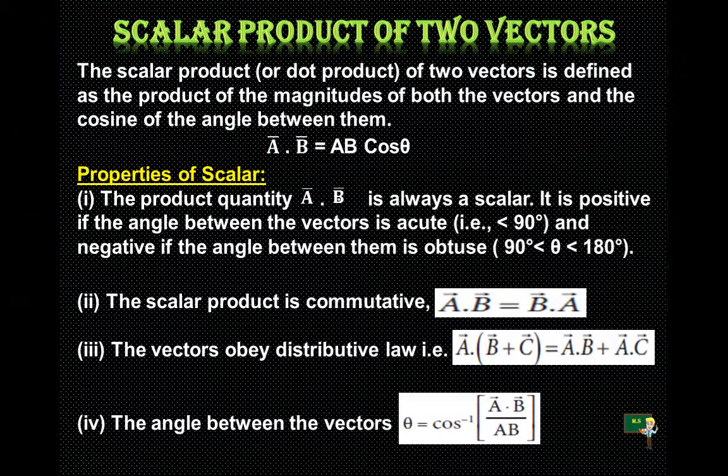The scalar product obeys the distributive law. And what is meant by the distributive law? A vector dot (B plus C) is equal to A vector dot B vector plus A vector dot C vector. The angle between the vectors is theta is equal to cos inverse of A vector dot B vector divided by AB.